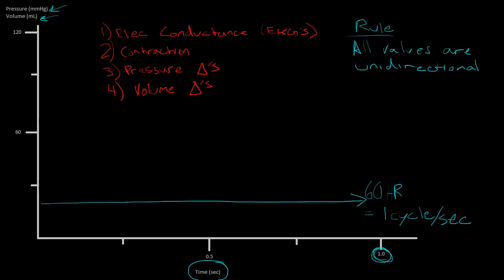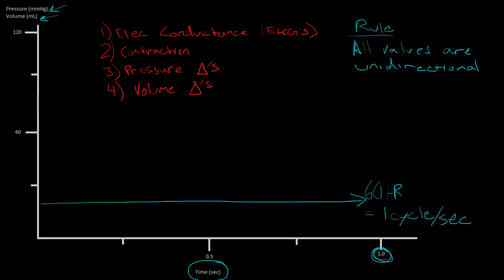This is important because as pressure changes, we want valves to open and shut according to where we want the blood to go. So again, this rule: all valves are unidirectional. And we know that direction just intuitively by knowing the anatomy. We want the blood to go from the left ventricle to the aorta, and so the aortic valve is going to open in the direction of the aorta.